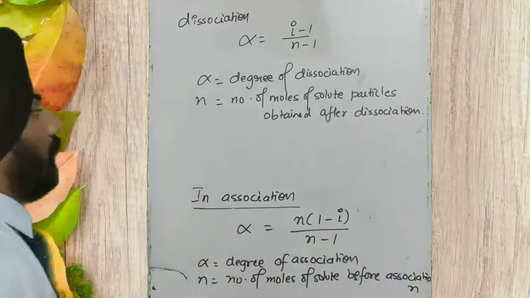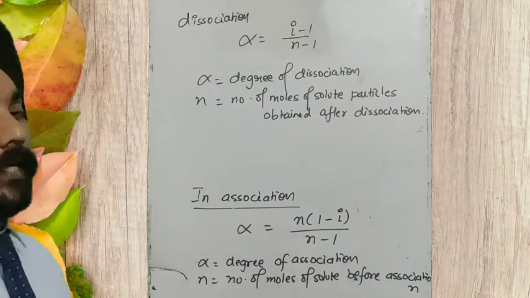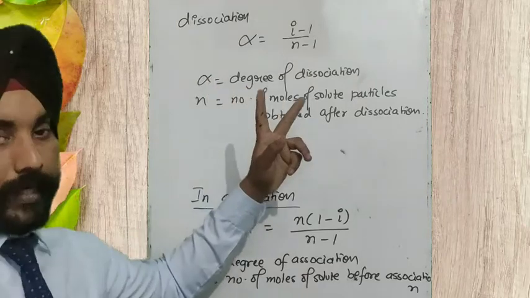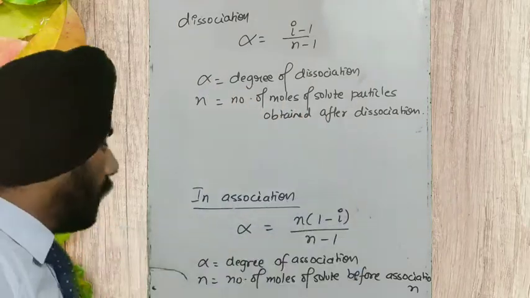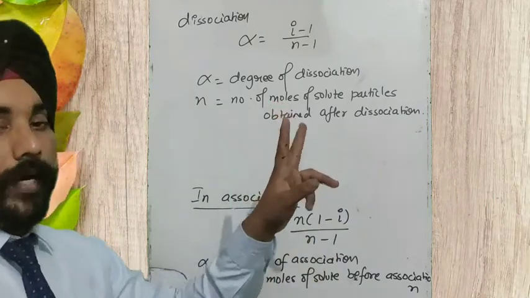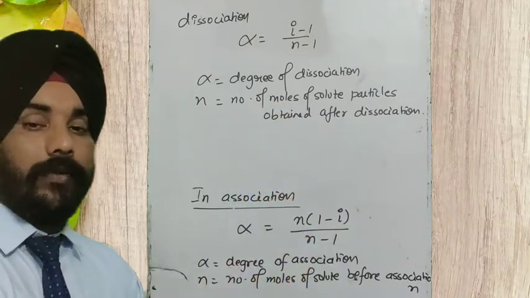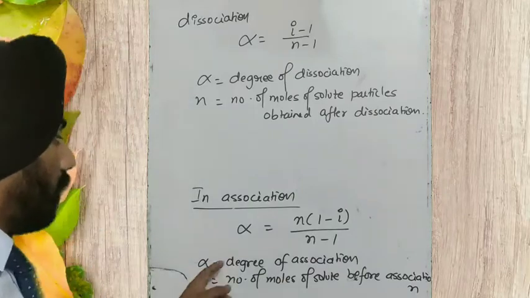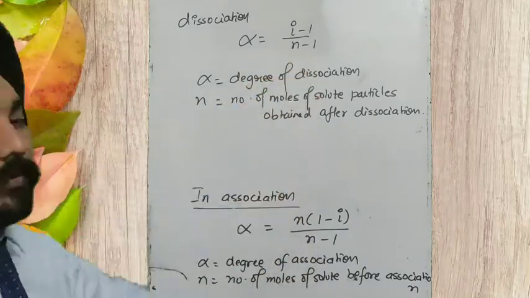Like in KCl, how many moles of solute particles were obtained? 2 were obtained, K plus and Cl minus. In case of ethanoic acid, what was happening? 2 were adding together, dimerizing together to form one molecule. So here also n is 2, here also n is 2.